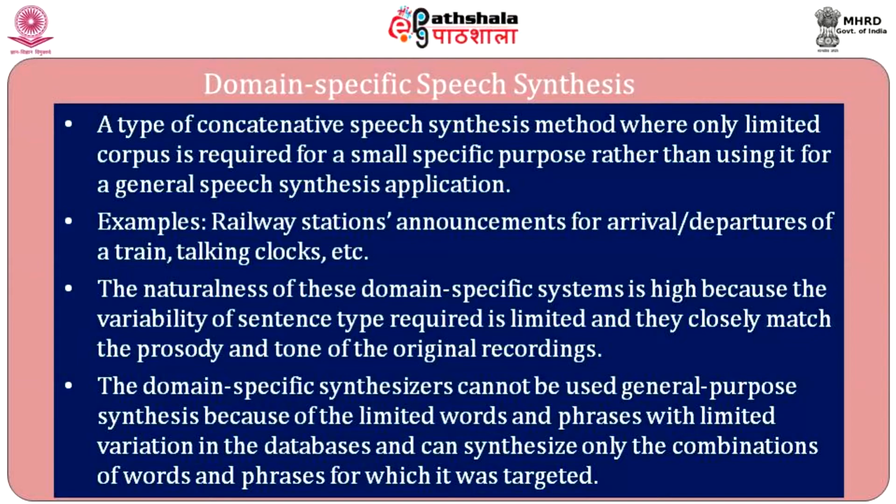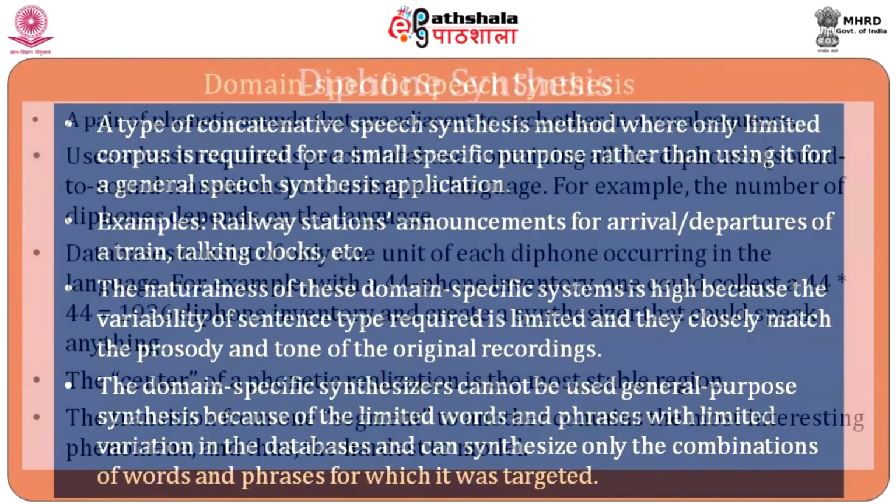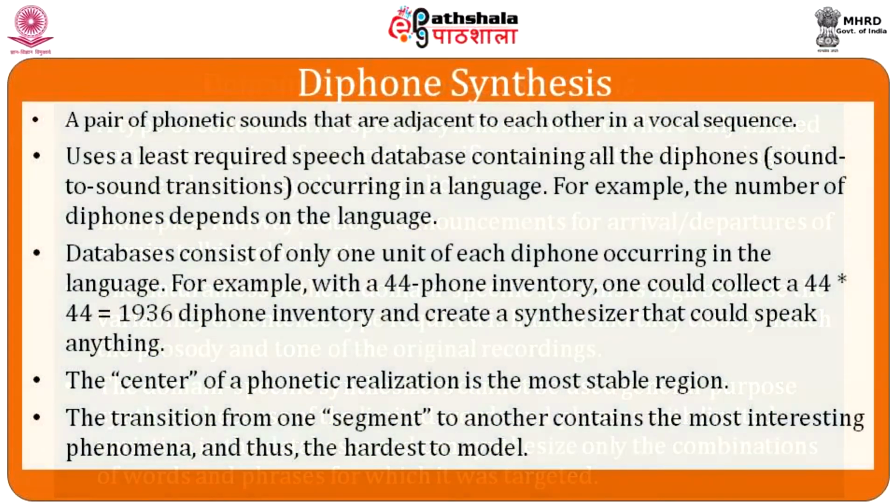Now we'll describe the diphone synthesis. A diphone is a pair of phonetic sounds that are adjacent to each other in a vocal sequence. Diphone synthesis uses a minimal speech database containing all the diphones, the sound-to-sound transitions occurring in a language. The number of diphones depends on the language. The diphone synthesis speech database consists of only one unit of each diphone occurring in the language.